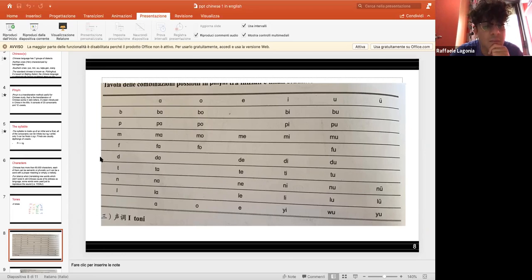So let's see the combination with E, that in Chinese is pronounced differently. So we have M, D, T, N, L. Then let's see the combination with I. So we have B, P, Mi, D, T, Ni, Li, Yi.